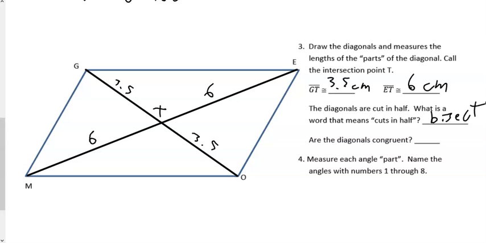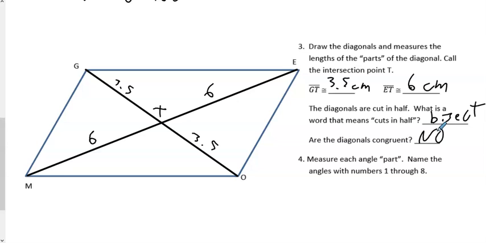So if you have a sandwich and you're going to share it with your best friend and you cut it exactly in half, right down the middle or on the diagonal, you bisect that sandwich or that candy bar or that donut or whatever. But it has to be exactly half. Are the diagonals congruent? No, they're not. One of them is equal to 12 and one is equal to 7.